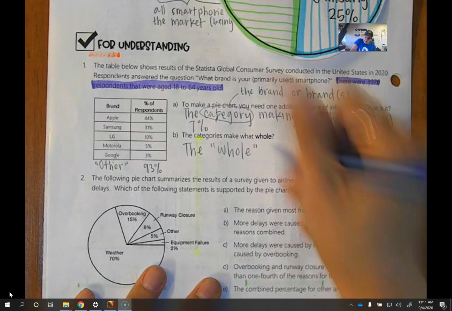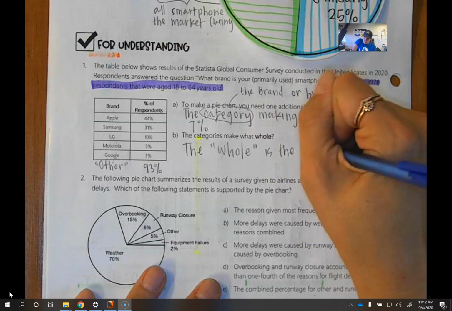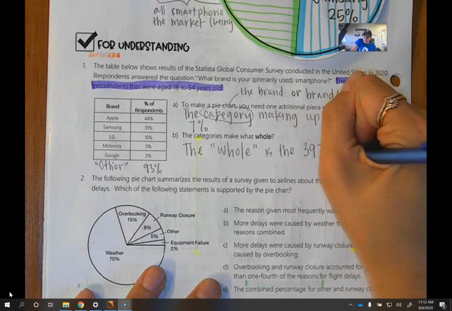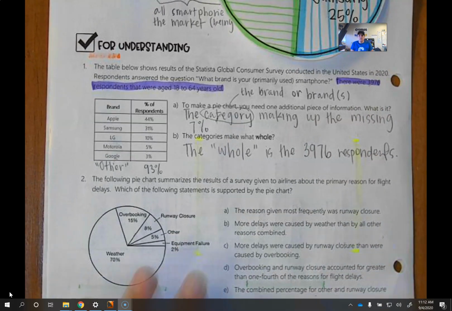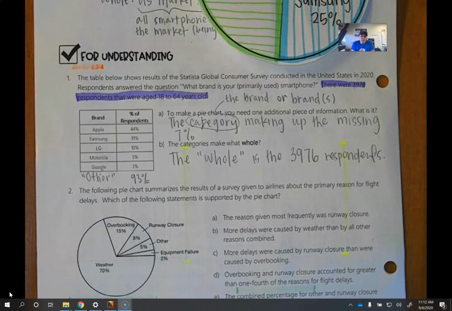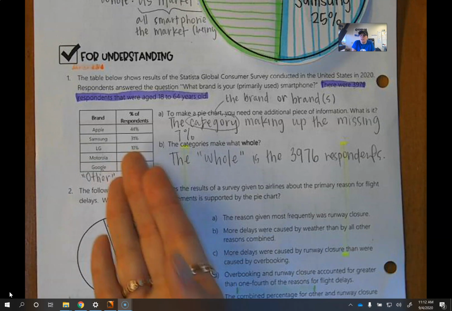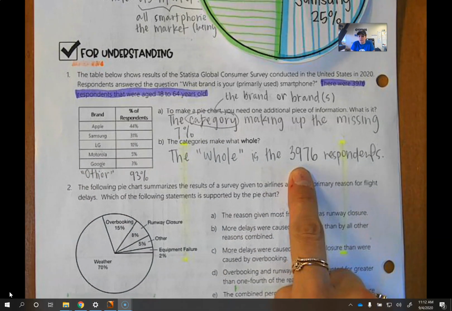The whole is the 3,976 respondents. So I asked myself, what do these categories refer to? The categories refer to brands of smartphone. Okay, well, what about those smartphones? Well, these are the smartphones that are being used, but who is using them? The people that are using these phones in this table are the 3,976 people that responded to the survey.